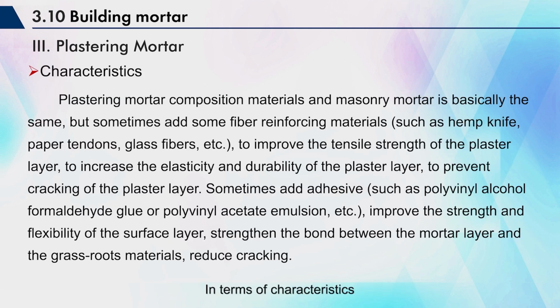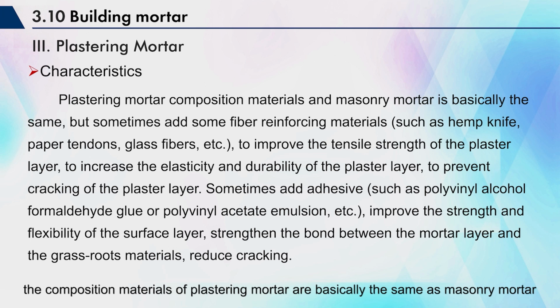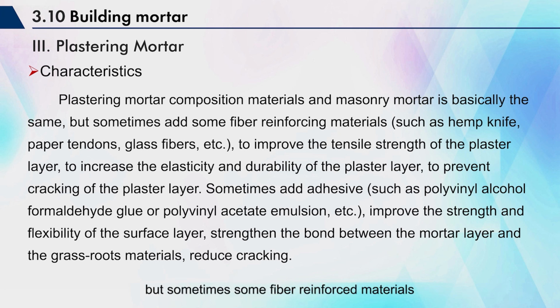In terms of characteristics, the composition materials of plastering mortar are basically the same as masonry mortar, but sometimes some fiber reinforced materials, such as hemp knife, paper reinforcement, glass fiber, etc., are added to improve the tensile strength of the plastering layer, increase the elasticity and durability of the plastering layer, and prevent cracking.